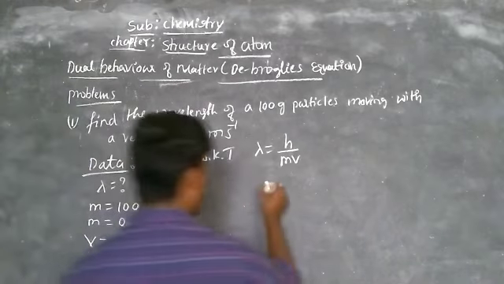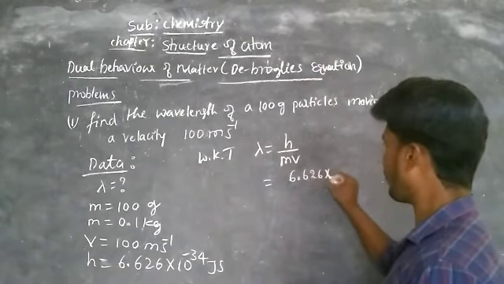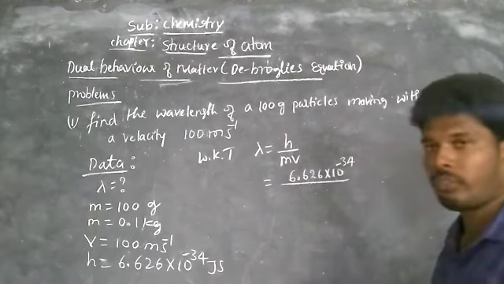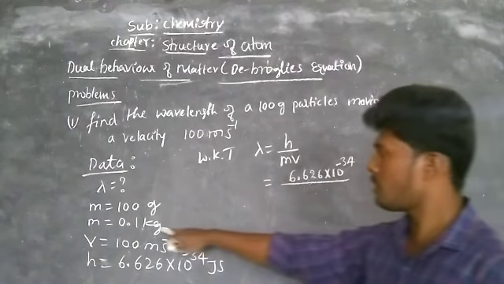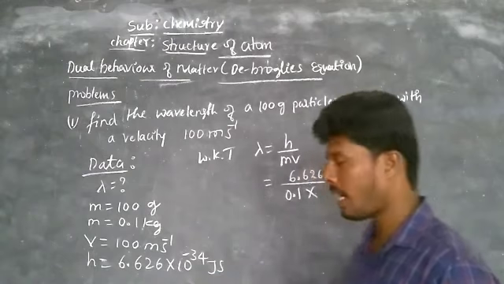Now substitute: lambda is equal to 6.626 into 10 power minus 34 divided by m, which is 0.1, into v, which is 100.